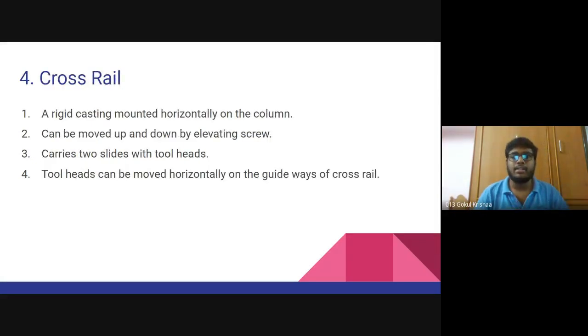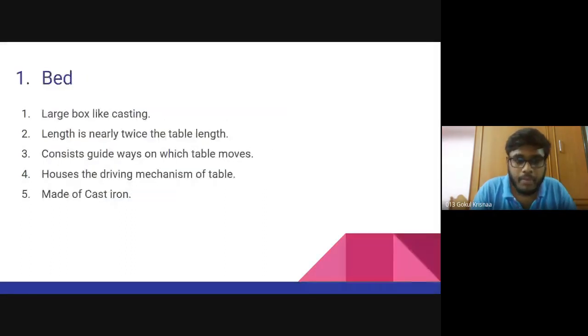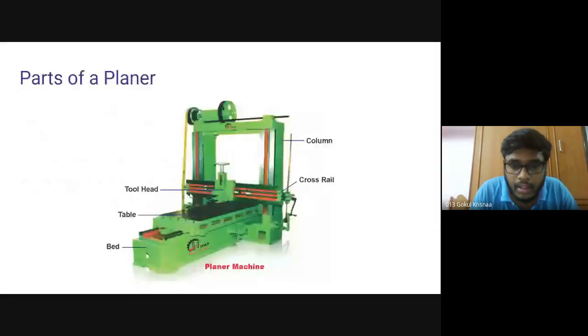A cross rail is a part of the planing machine on which the tool heads are mounted. This is actually the cross rail. The horizontal part is the cross rail. This is the tool head, and it is mounted on this cross rail.